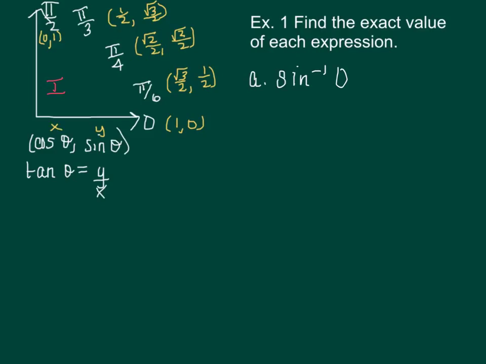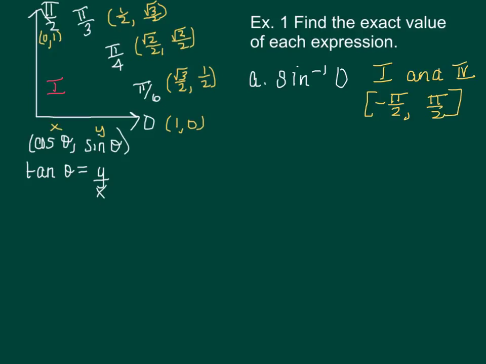So what it's asking for A is basically find the angle who has a sine of 0. But take a note, we're only looking in quadrants 1 and 4 because sine inverse is restricted to negative pi over 2 to positive pi over 2.